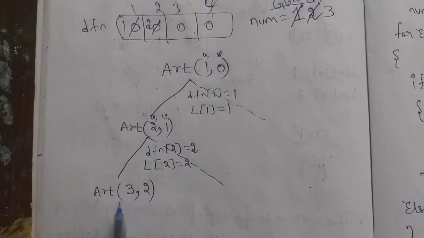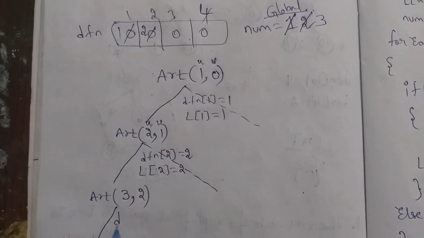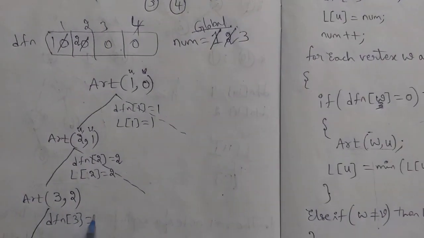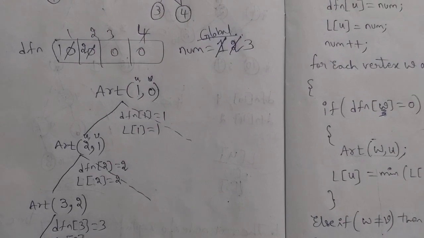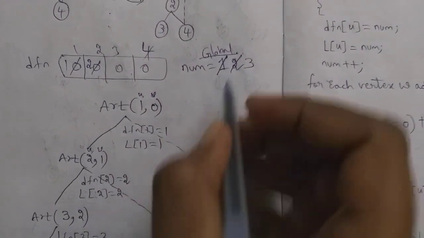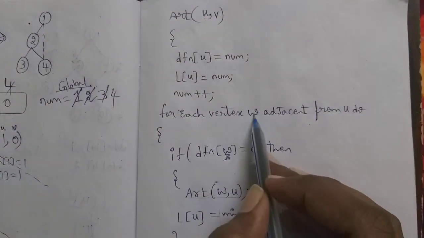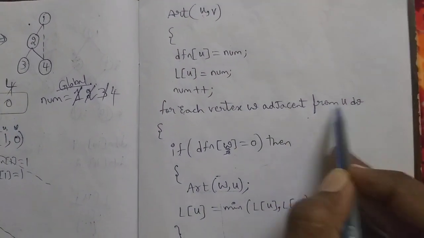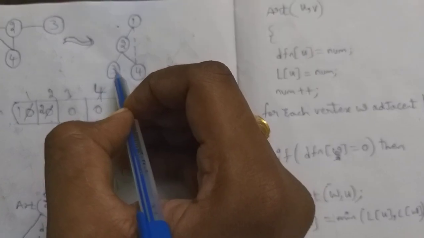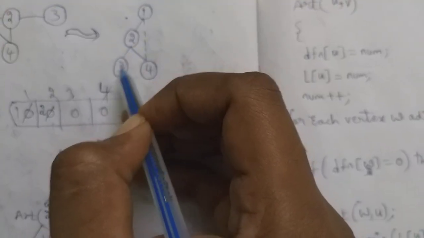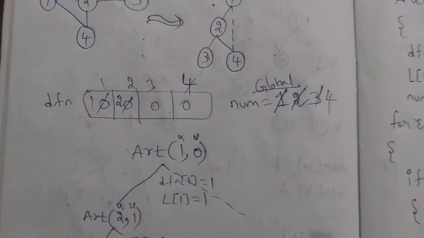Again in this function call, those 3 initializations are common. Depth first number of 3 is equal to num, L of 3 is equal to num, and num plus plus. For each vertex w adjacent from u, what are the vertices adjacent to 3? Only 2. 2 is the only adjacent vertex, right?